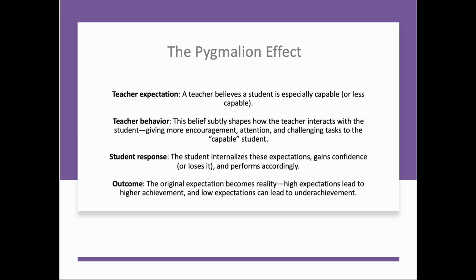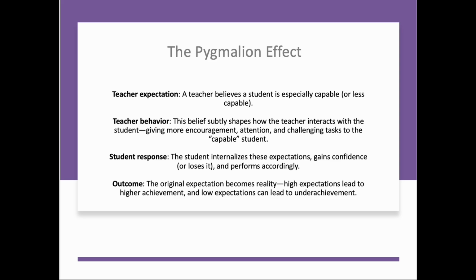So then the student response is that they internalize this. They might gain confidence or lose confidence, and they perform accordingly. The outcome then eventually is the original expectation becomes reality. High expectations from the teacher lead to higher achievement. Lower expectations can lead to underachievement.